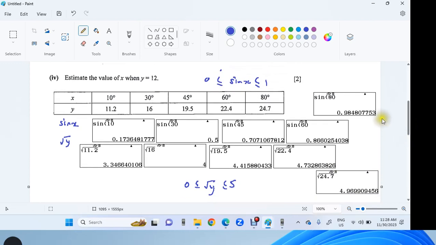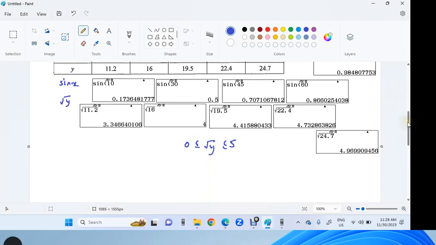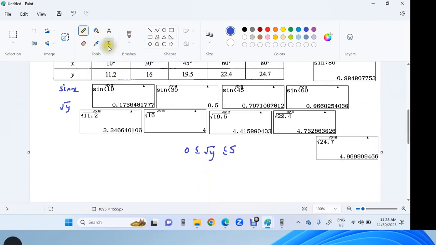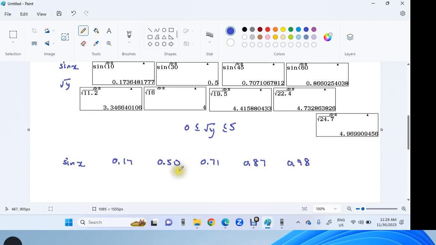Okay, so I construct the table. The value of sine x, we take two decimal places: 0.17, 0.50, 0.71, 0.87, 0.98. Why do I take two decimal only? Because the graph that we can plot is correct to two decimal points only.